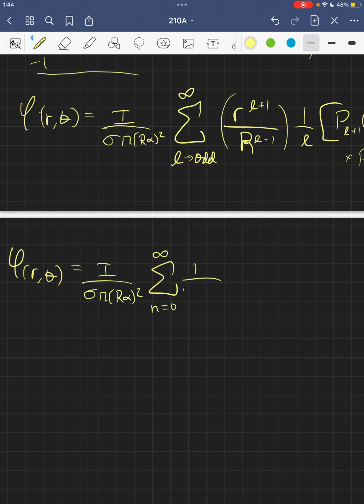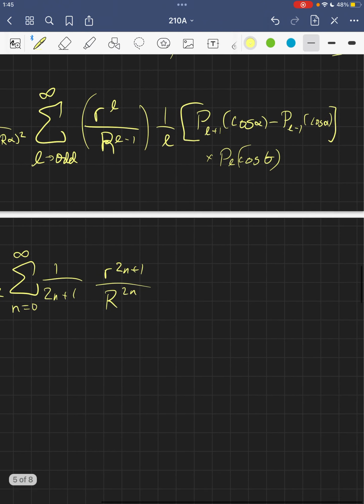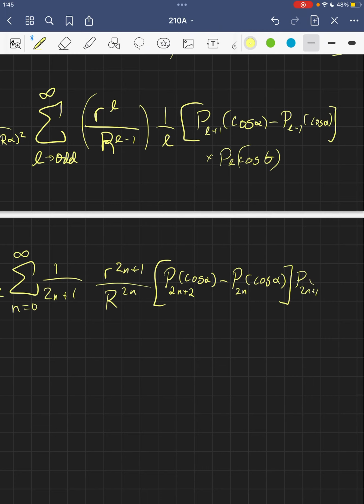And this would be 1 over 2n plus 1, r to the 2n plus 1, and sorry, I made a mistake up here, this should just be L, obviously, divided by r to the 2n, times the quantity P2n plus 2 cosine alpha minus P2n cosine alpha, times P2n plus 1 cosine theta.